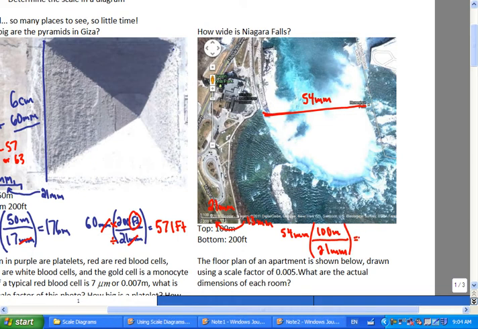Yeah, so we got 257 meters here. For the other one, we have 54 millimeters, and it says that there's 13 millimeters in 200 feet.